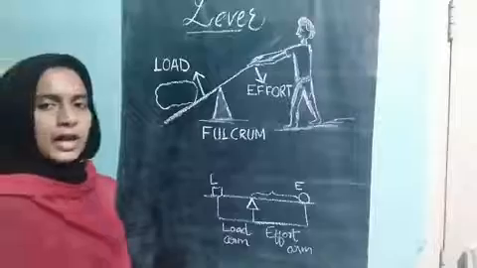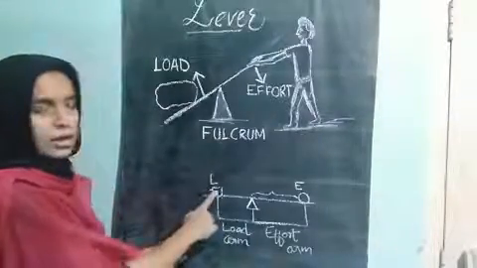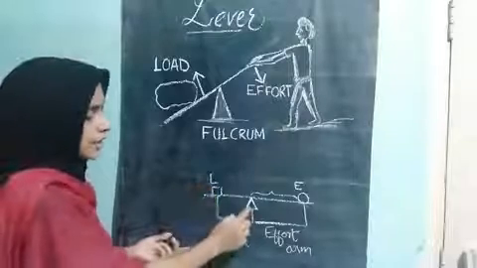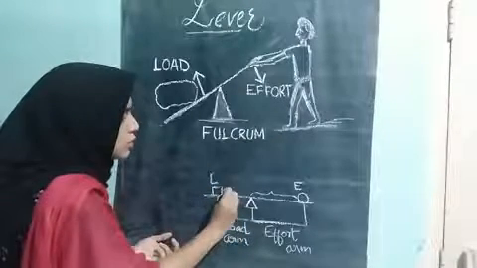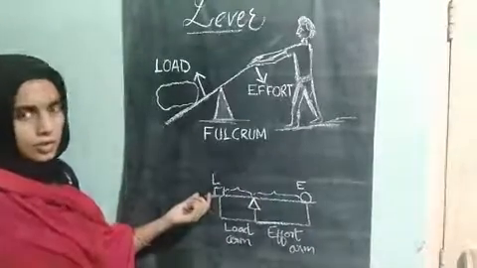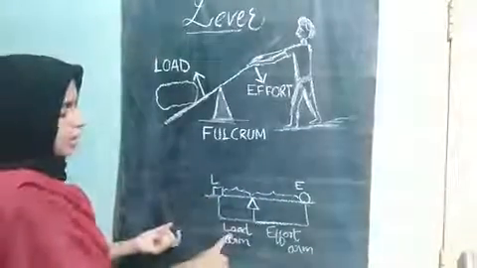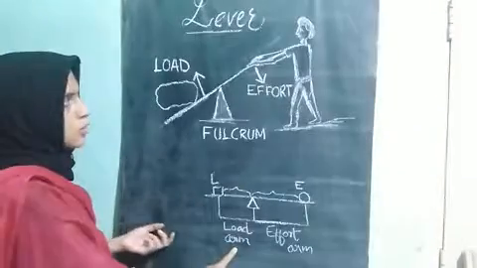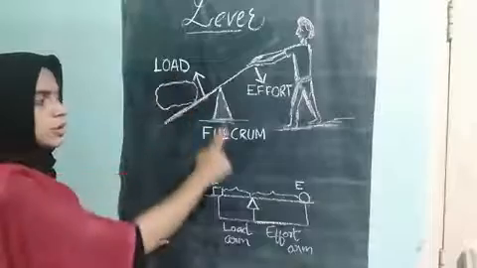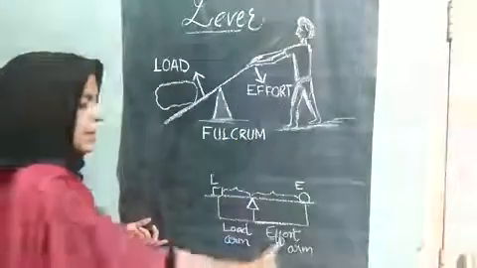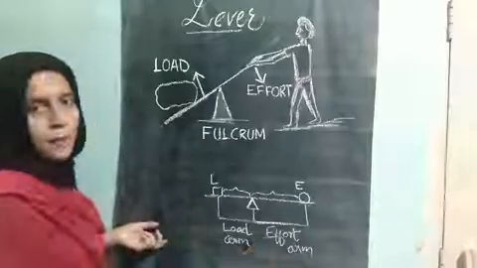In the same way on the other side, here that is the load. The length of the rod between the fulcrum and the load, we call load arm. So we have studied what is load, fulcrum, effort, load arm and effort arm.